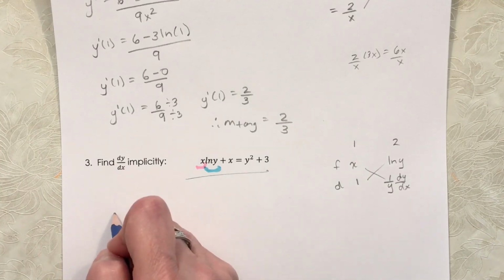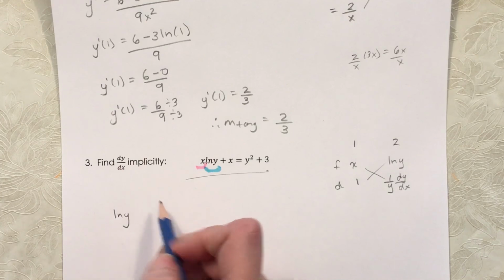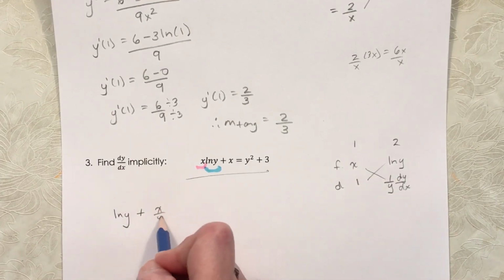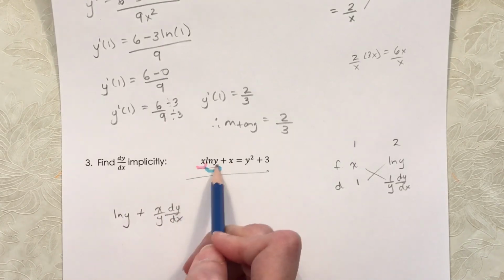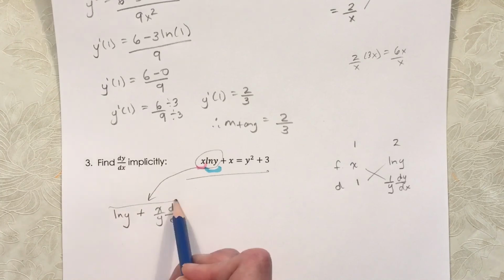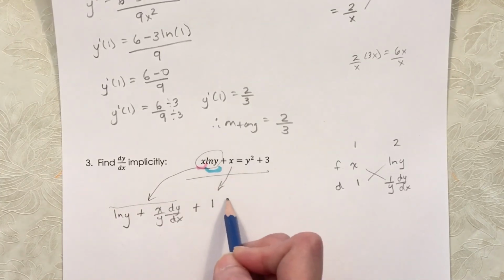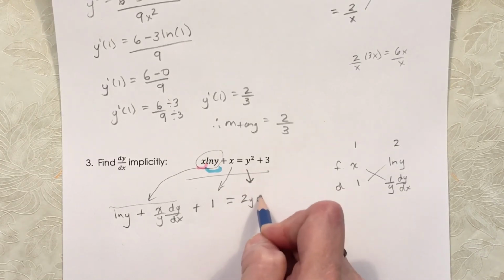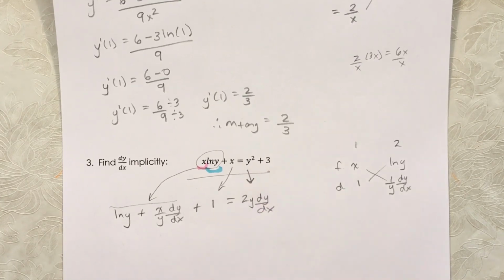So we get ln y plus, so x times 1 over y is x over y dy by dx. So that just derived this part here, plus the derivative of x is 1, equals the derivative of y squared, which is 2y dy by dx, and the derivative of 3 is 0. Okay, so there's our derivative.